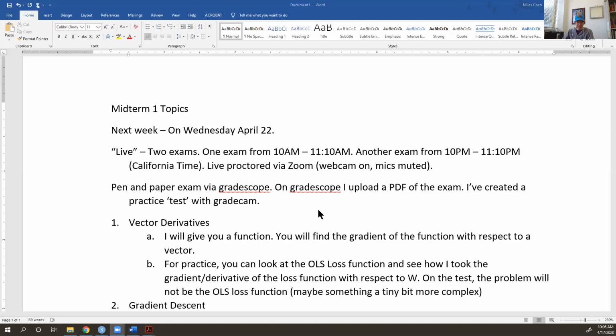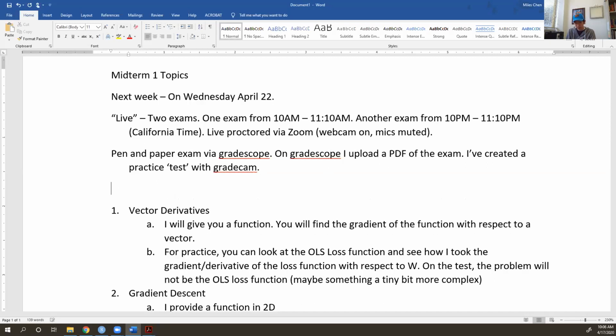The way it's going to work is there's going to be a few problems. What I'm anticipating is like 5 problems. Okay, there's going to be 5 problems, and you will need 5 sheets of paper. Each problem is on 1 page, and that's it.